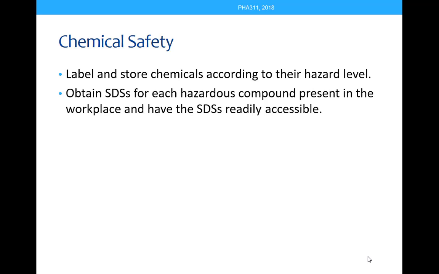The SDS will contain basic information about the chemical, what risks it poses, and what the first aid measures are if somebody is exposed to it. So all this information will be there. The MSDS or SDS should be available for all the chemicals in the lab.